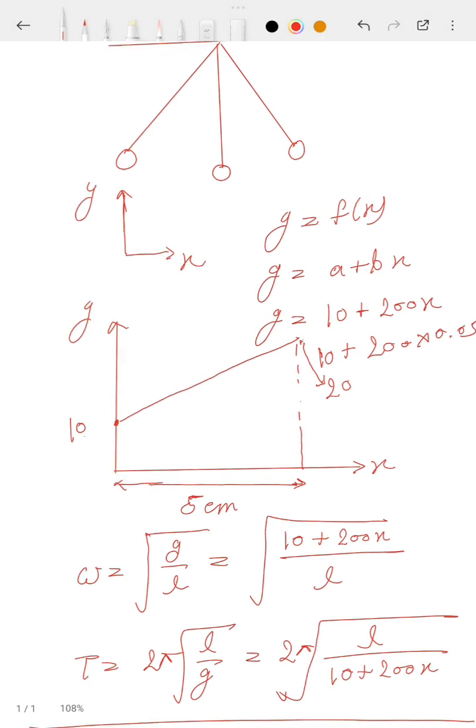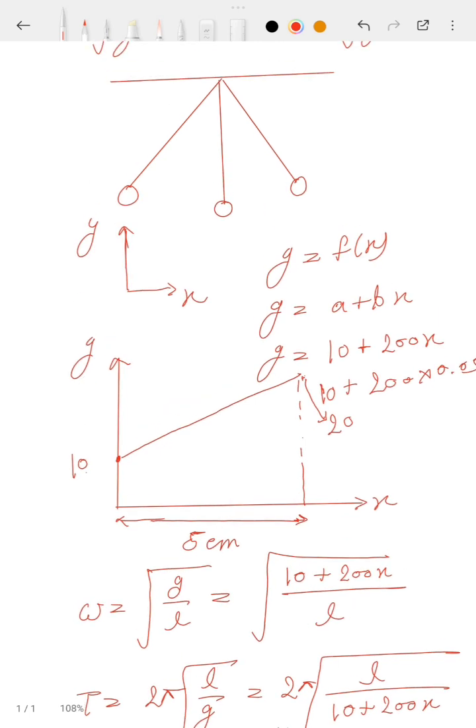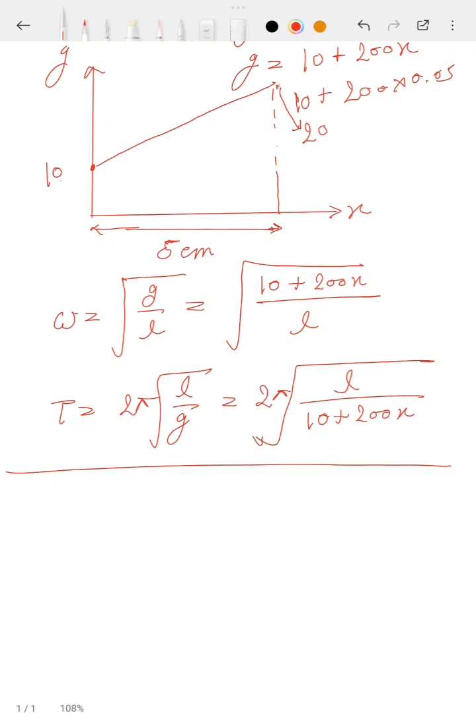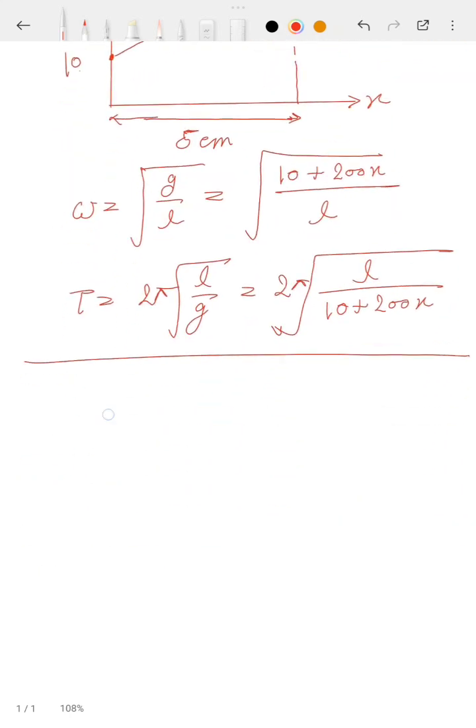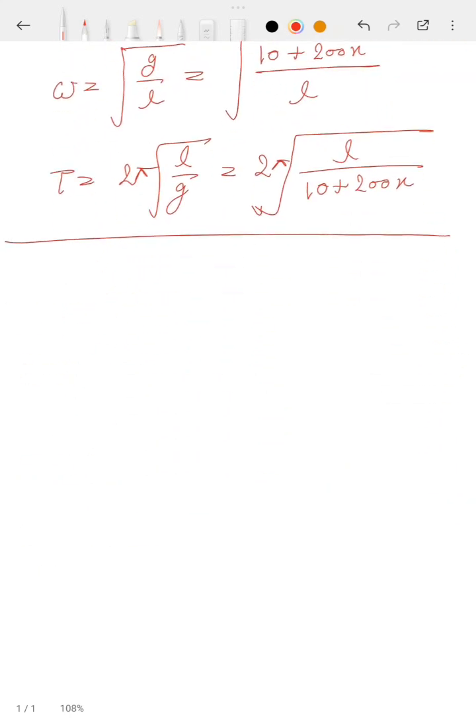Just here I want to put this problem in front of you, that it looks very fascinating, that hypothetically we are imagining that g is changing with space in x direction. So furthermore we will discuss about it, and at that moment we will discuss about velocity also, displacement also. But here at this moment just we are dealing with omega and time period.